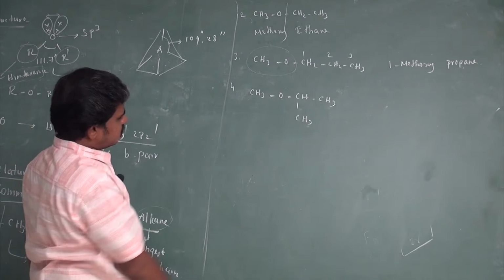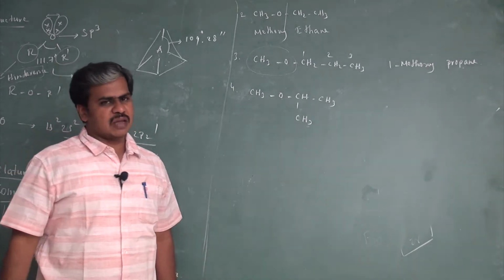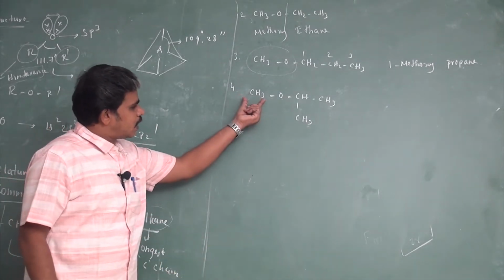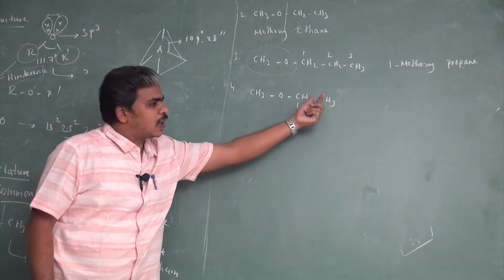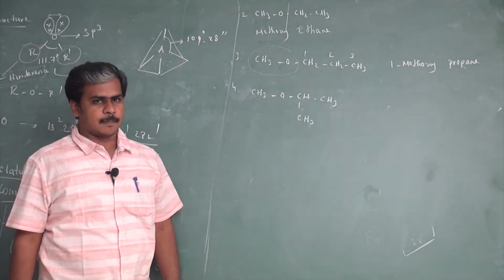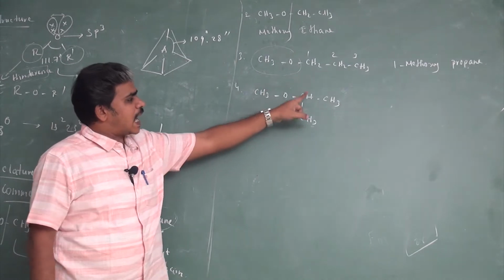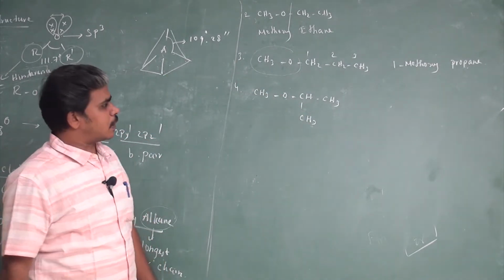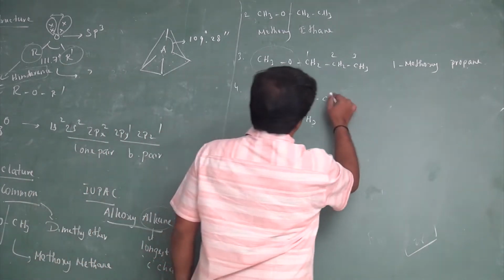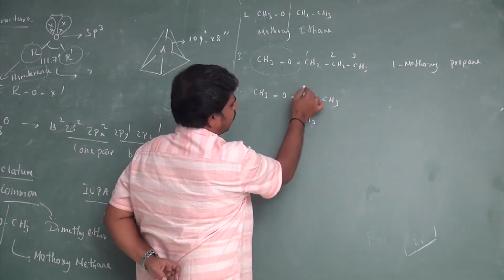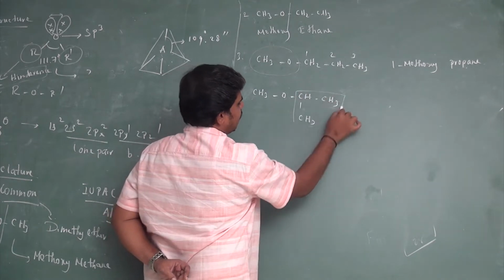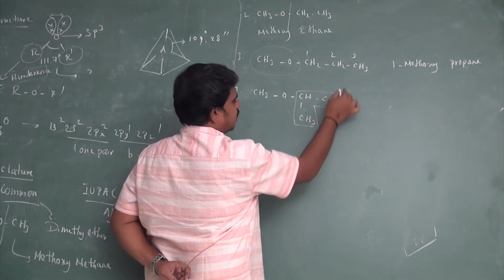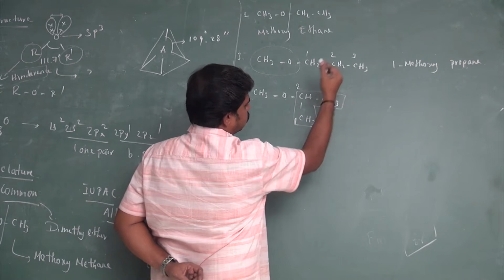Now find out the common name and IUPAC name for the compound. Here methyl, then the other group is named isopropyl. So methyl isopropyl ether. Now, the IUPAC name. Find out the longest carbon chain; here it is 1, 2, 3.